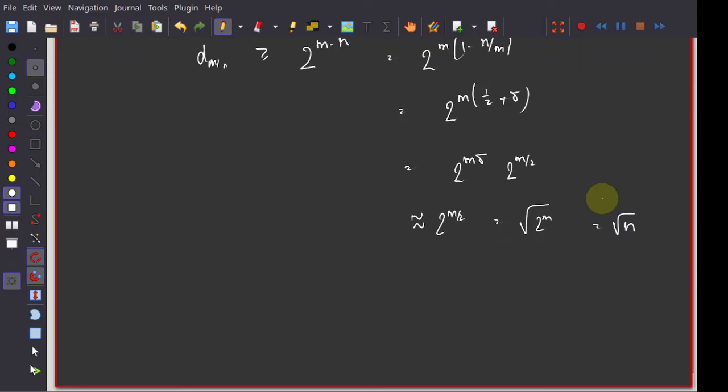So it's still possible to get constant rate and large minimum distance, but it doesn't get us all the way up to, say, linear minimum distance. These bounds are not good.